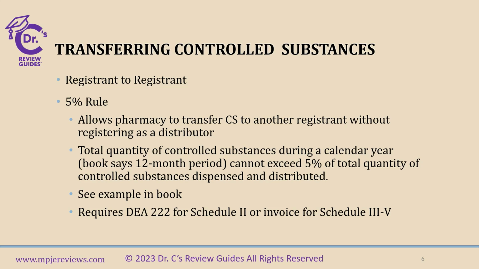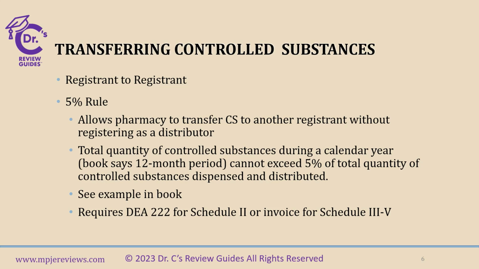And hopefully, as a pharmacy, the denominator is pretty big because you're dispensing more than you are actually distributing, and you don't come anywhere close to the 5%. If you exceed 5% during the calendar year, DEA will then require you to be registered as a distributor and not just a pharmacy. So I included an example in your book there on the bottom of page 72.